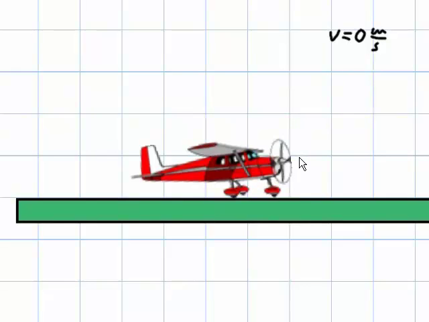So let's say that the airplane is now starting to move to the right. In order to do that, we need a net force, so we put the thrust on. So we have a net force with an acceleration in the horizontal. This is what I said earlier. Net force and acceleration are always parallel to each other.